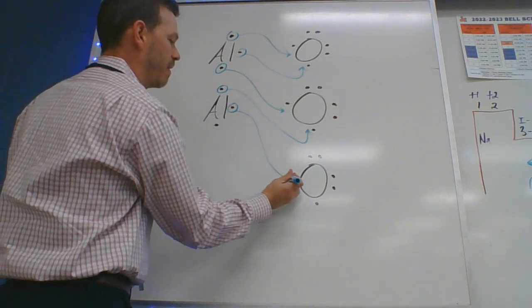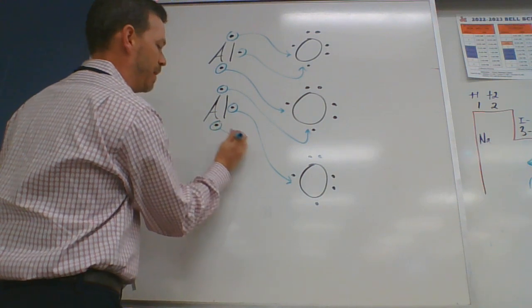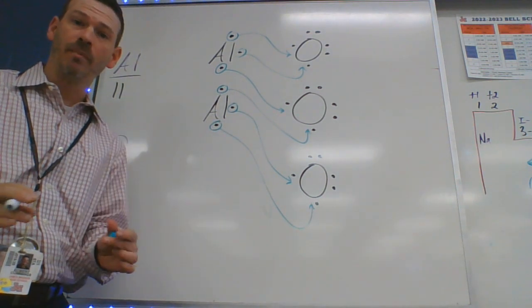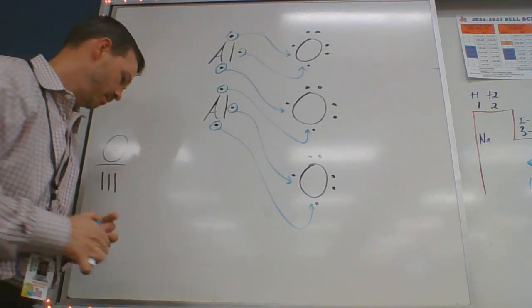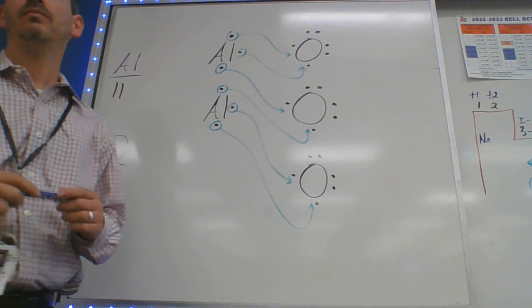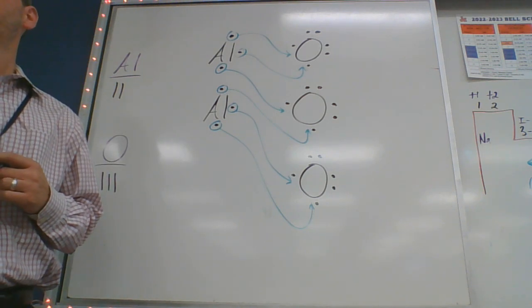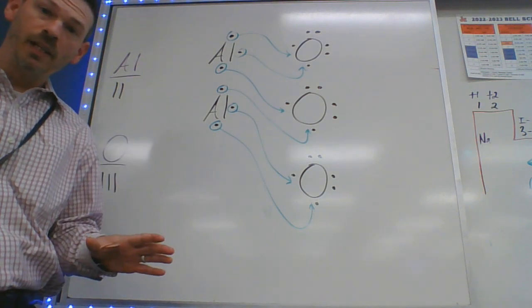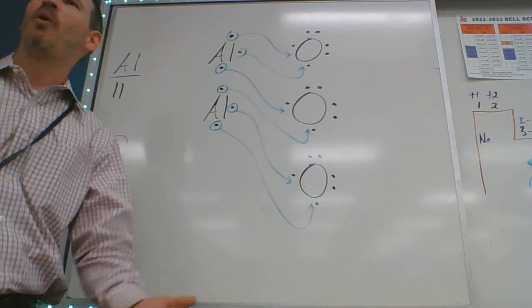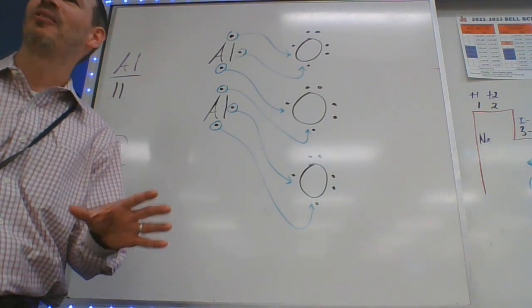As we make the angry aluminum happy, you'll see that everybody is suddenly happy. All of the aluminums are empty, all of the oxygens are full. What's the point of all this? Well, here it is.